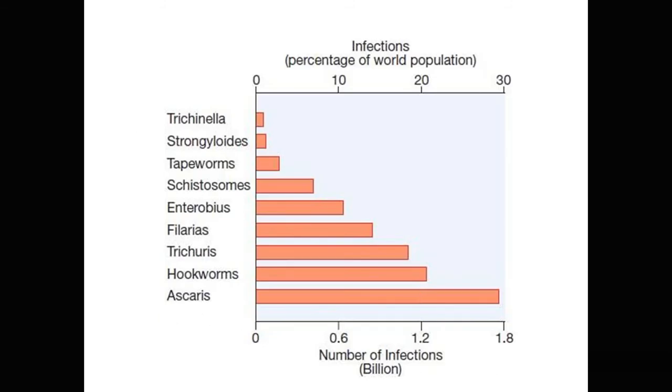And which worms are the major cause of parasitic helminthic diseases? This is Ascaris lumbricoides. This is a roundworm, and you see there are 1.8 billion cases, a huge number. Hookworms, 1.2 billion, and then others.